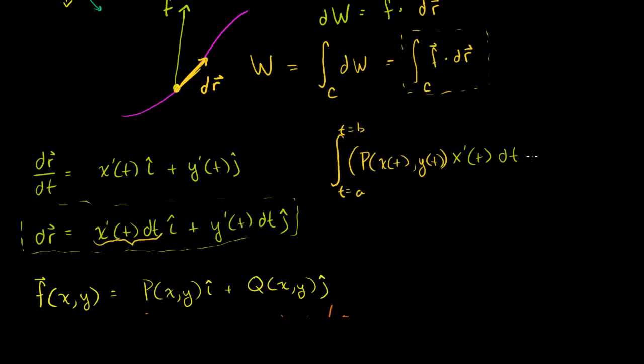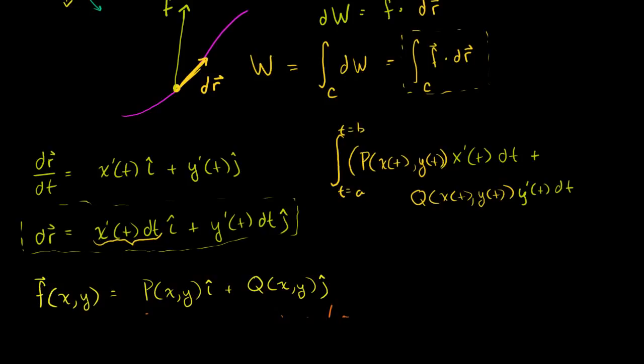And then plus, we do the same thing with the q function. Plus q of x of t, y of t, times the y component, or the j component of our dr, y prime of t dt.